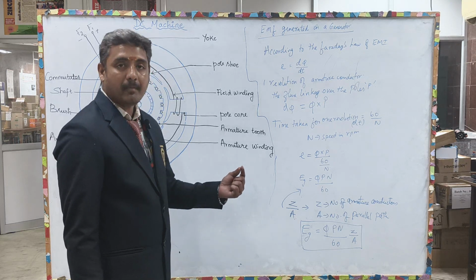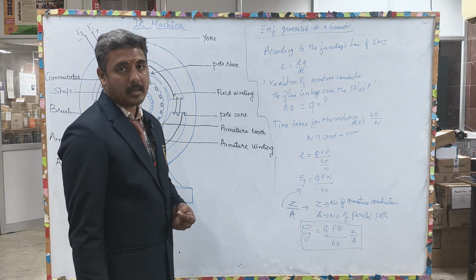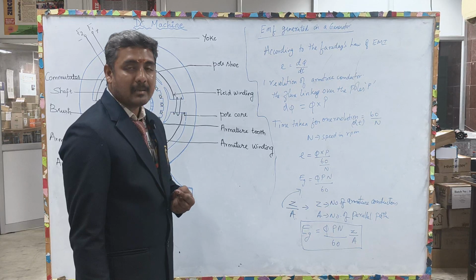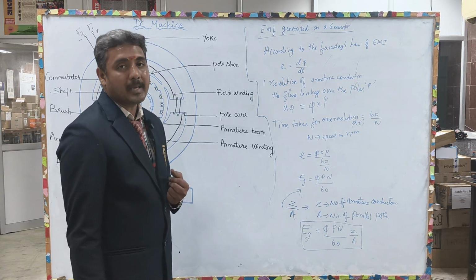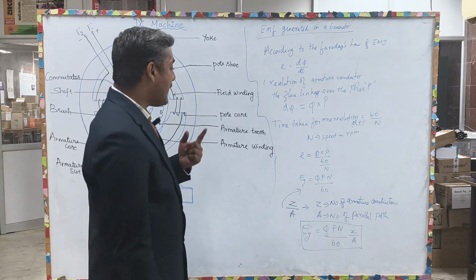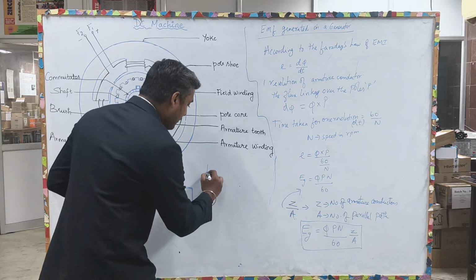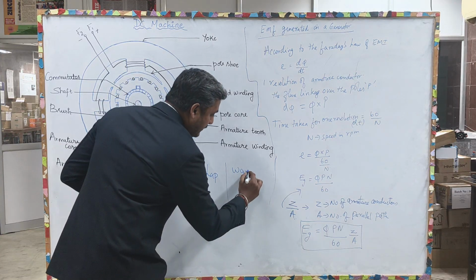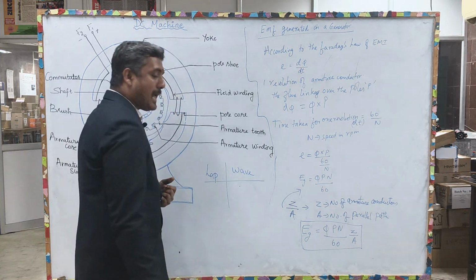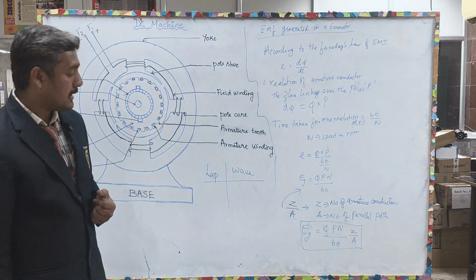Based on the number of parallel paths, you will have two categories: lap winding and wave winding.